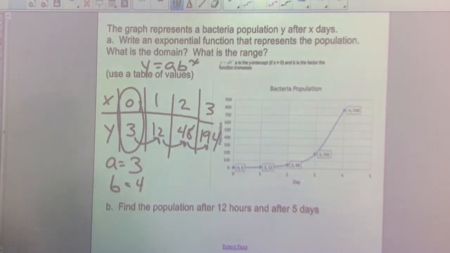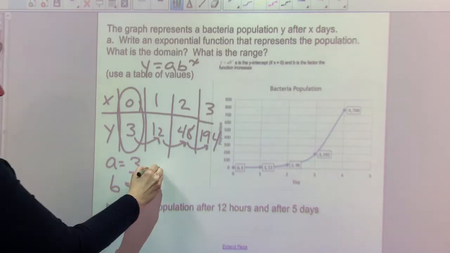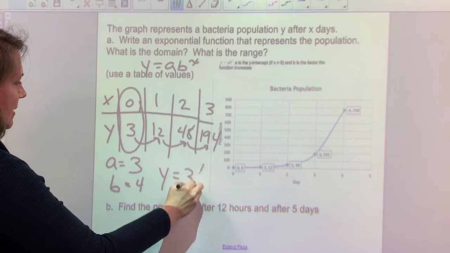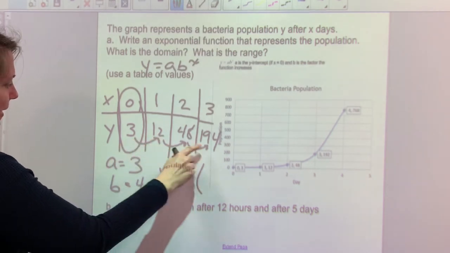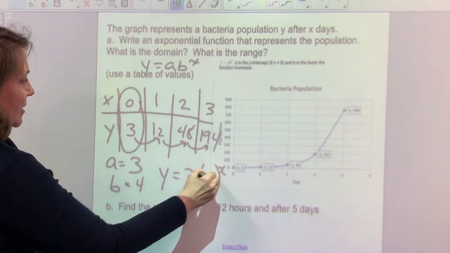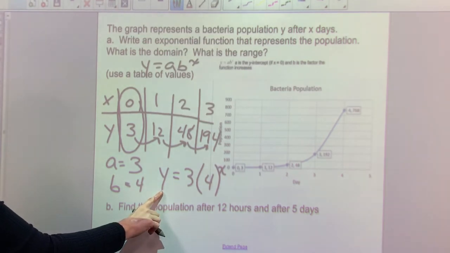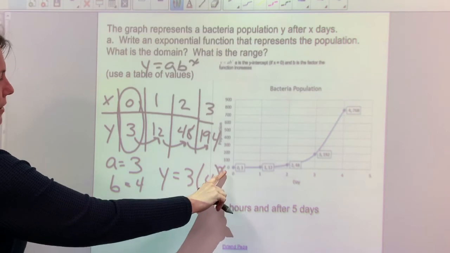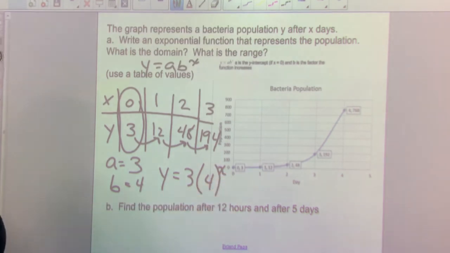So your b is 4. So writing your equation, y equals a, your y-intercept is 3, times b, your b value is 4, to the x power. So the number of bacteria you have is equal to 3 times 4 raised to however many days we're talking, because x is how many days.